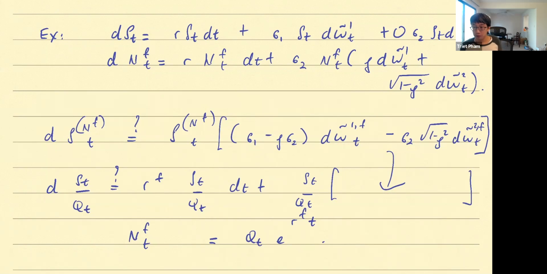At this level, we must be able to do this kind of quick calculation very quickly. If we just differentiate and apply Ito's formula everywhere we go, it's just too much work. You quickly realize that this is the non-discounted version of that. So obviously it just picks up an extra interest rate term.